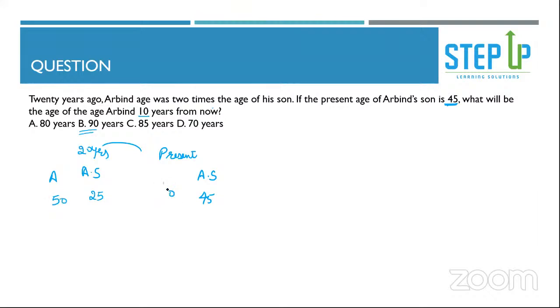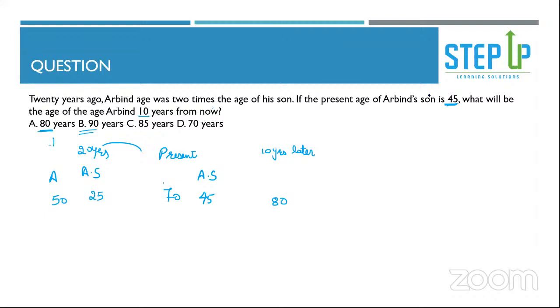So the present age would be 70, and 10 years later, it would be 80. You can go through the options also. Yes, the answer is 80. It was 20 years ago, not 10 years ago.